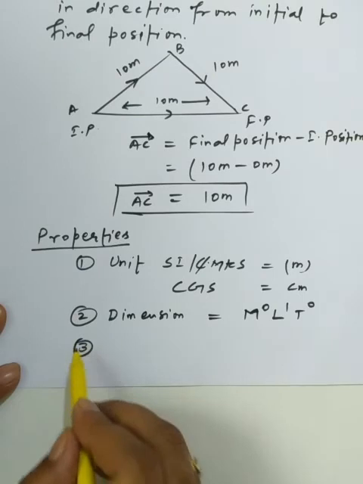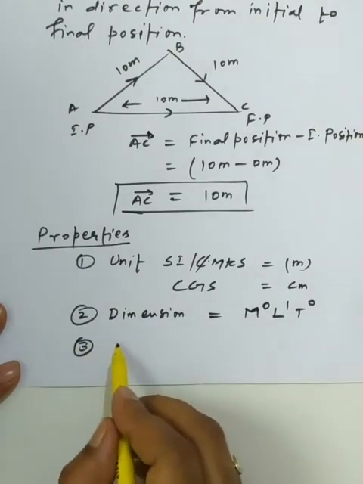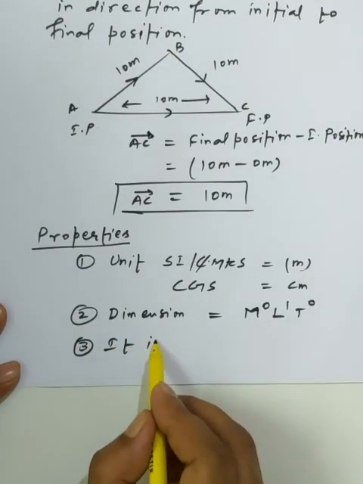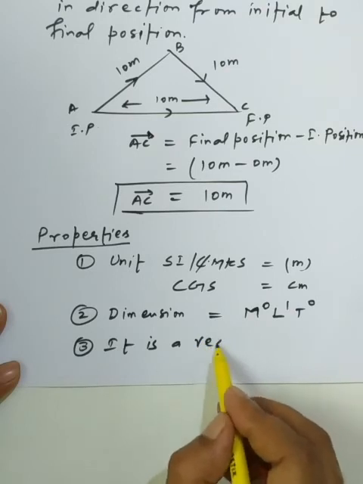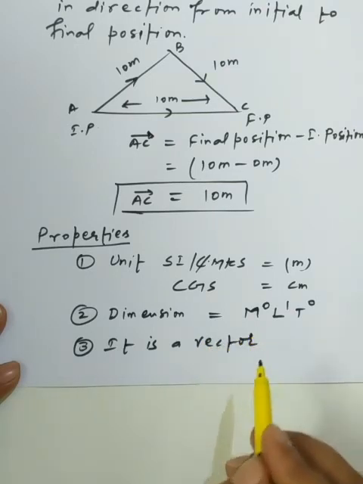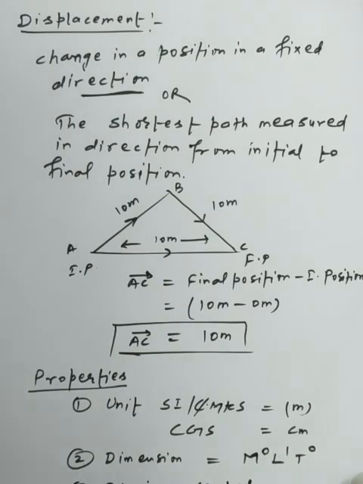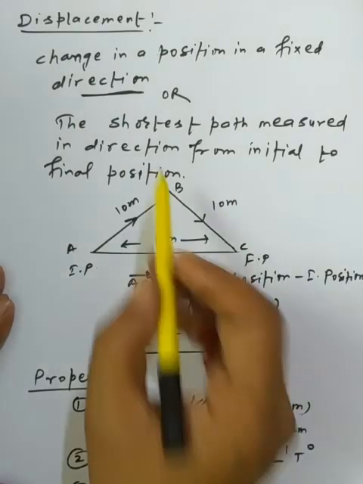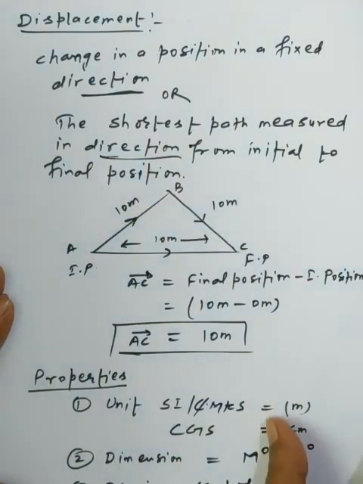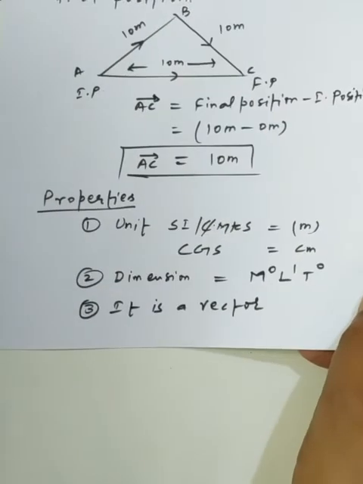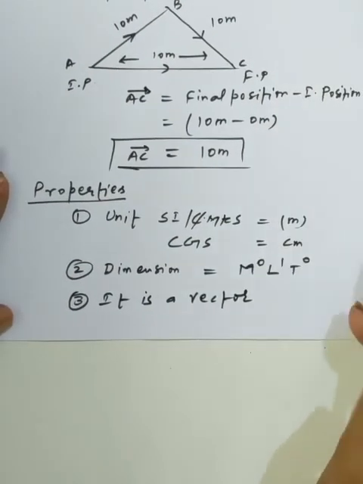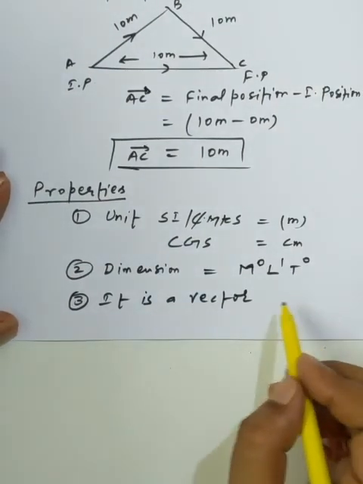And third, the displacement is a vector quantity. Why are we saying vector? Because whenever we make the measurement of the displacement, it is in a particular direction. The direction word indicates that the particular quantity that we are assessing is called a vector.